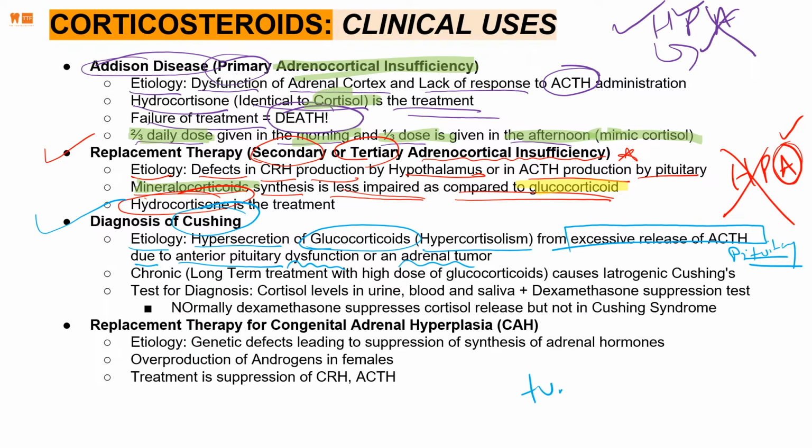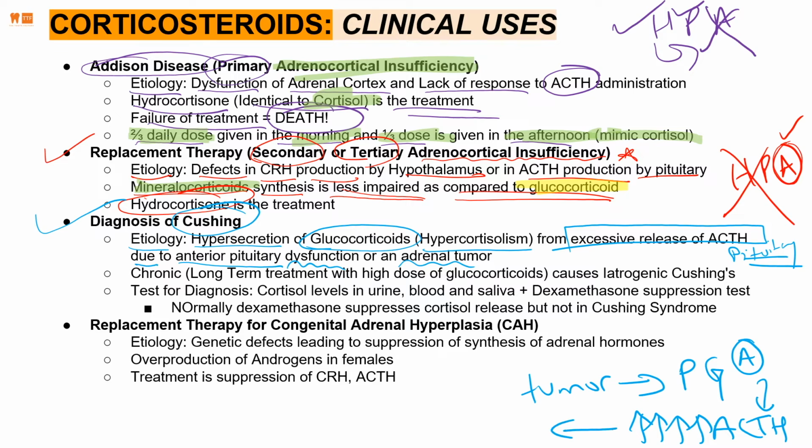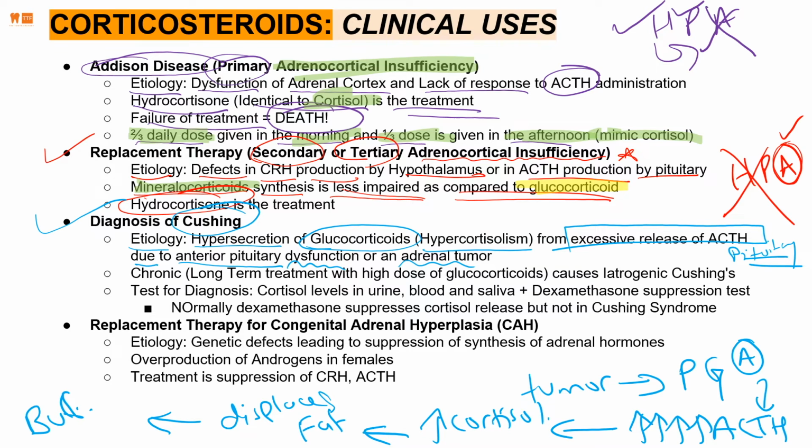Essentially there is a tumor affecting the anterior pituitary gland, and ACTH is released in exceptionally high amounts. That causes a lot of cortisol. What does cortisol do? Cortisol displaces fat. Remember? That gives you a buffalo hump. It's a terrible hump. Buffalo hump is a key sign of Cushing's syndrome.